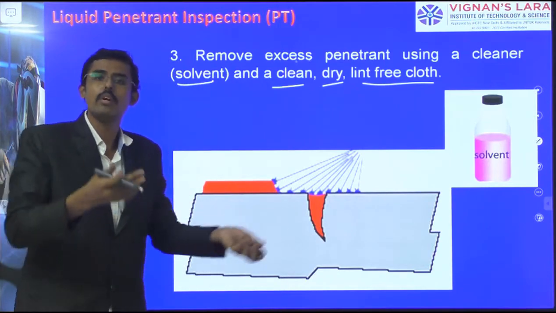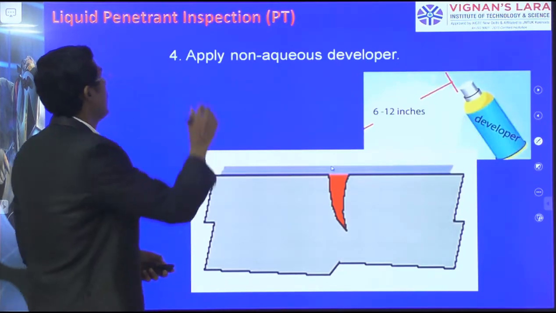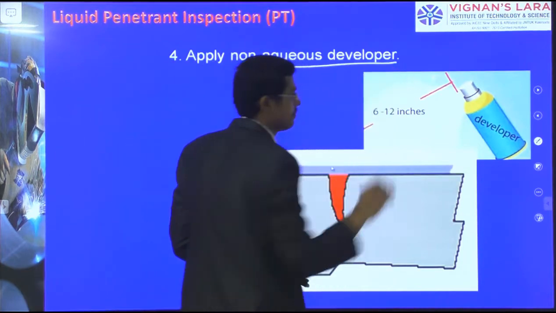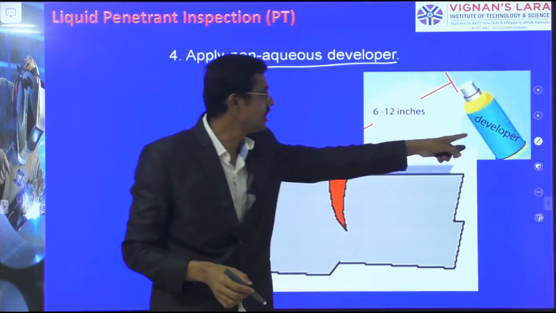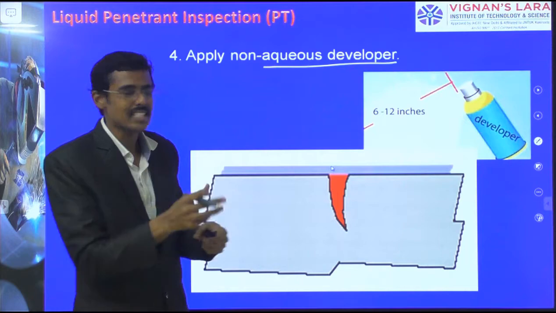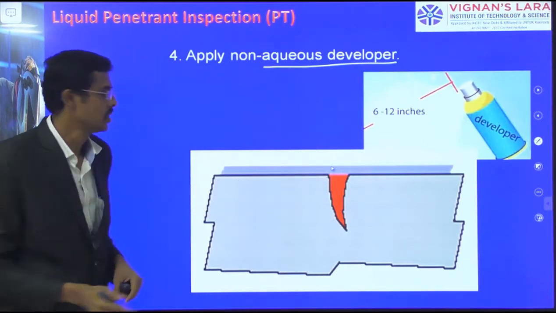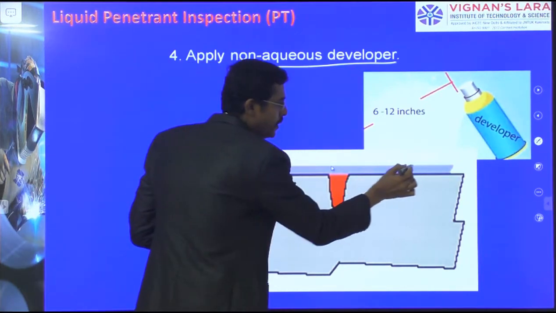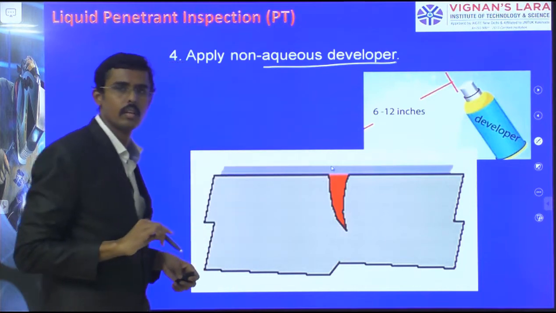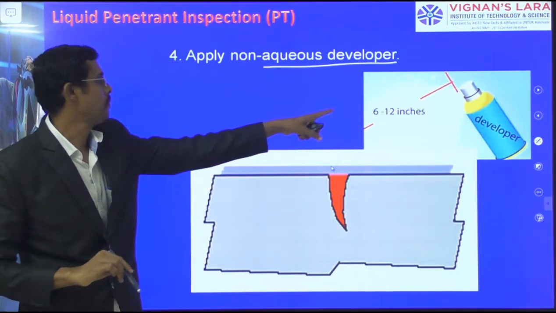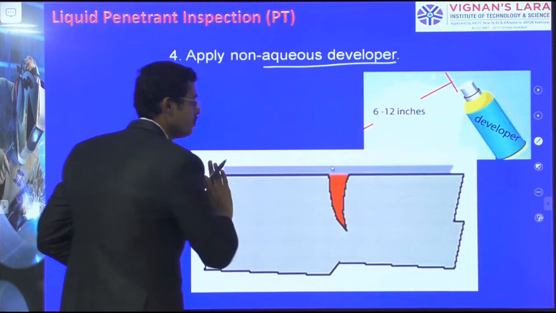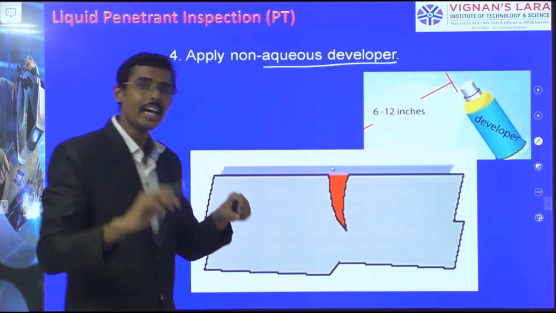This is our part. Now we want to find the defect. Apply the non-aqueous developer. What happens? I am applying the white, contrast color developer over there. As the penetrant was applied, the penetrant already went inside. And over there, I am applying the developer on the full surface. What happens?